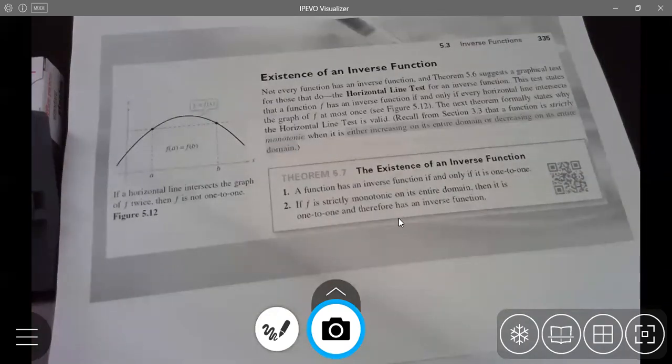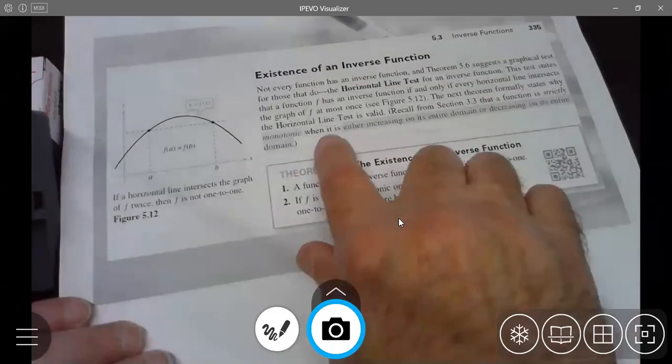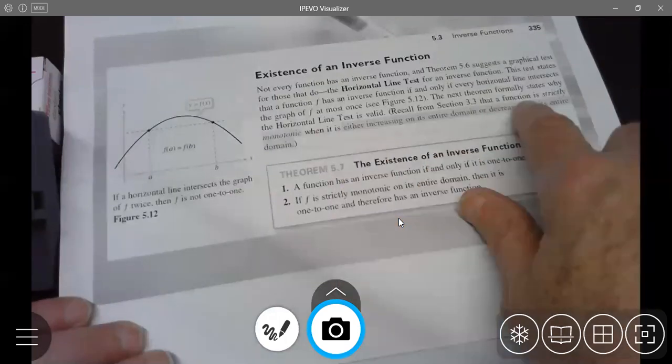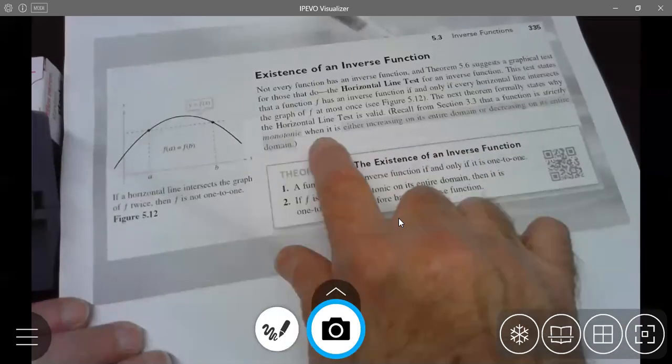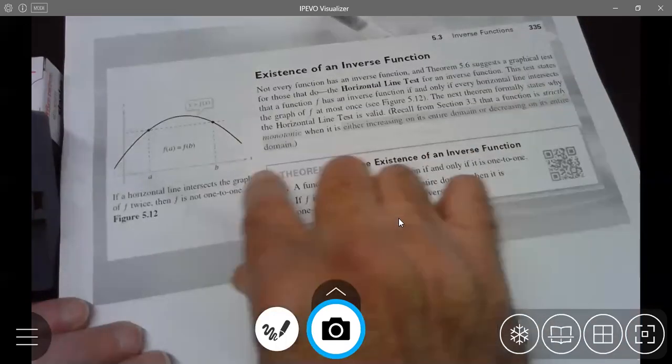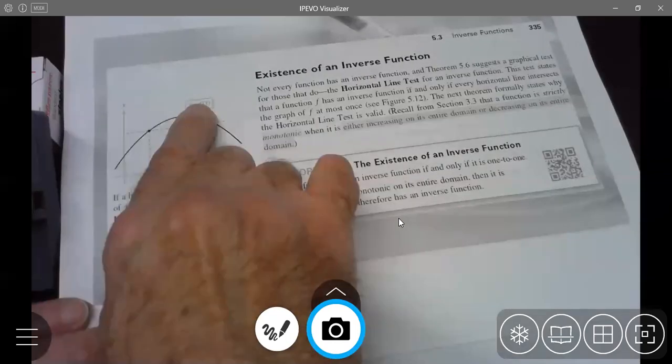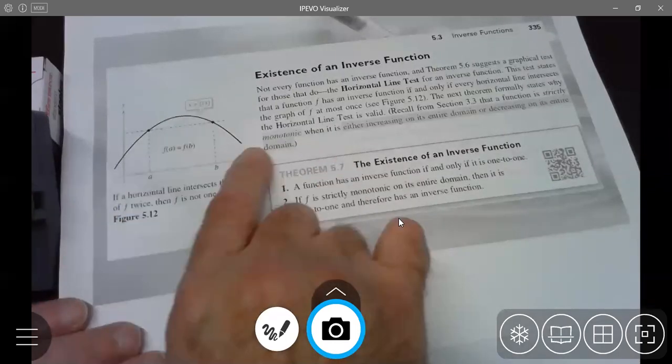Okay, so we're going to have to switch to the other period here in a second. So basically, a function is monotonic when it is either increasing or decreasing through the entire domain. Here it's increasing, reaches a pinnacle, and then it's decreasing. So this is not monotonic.